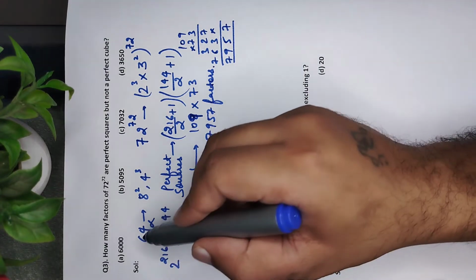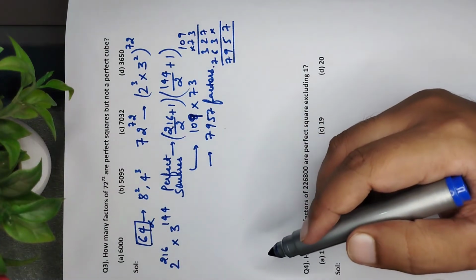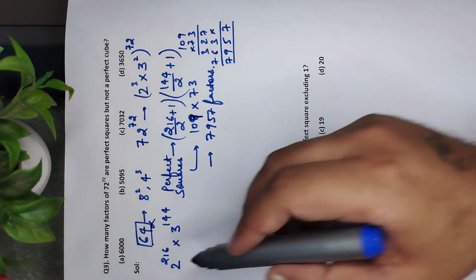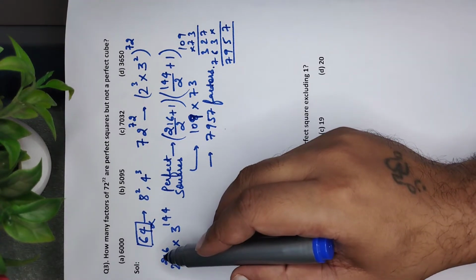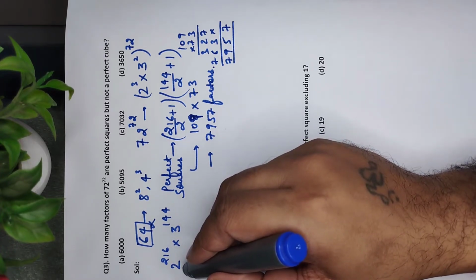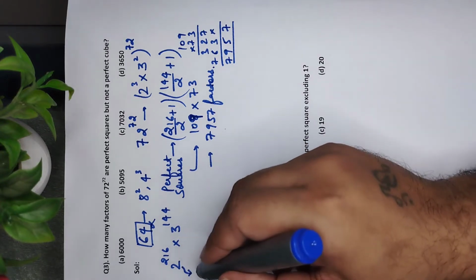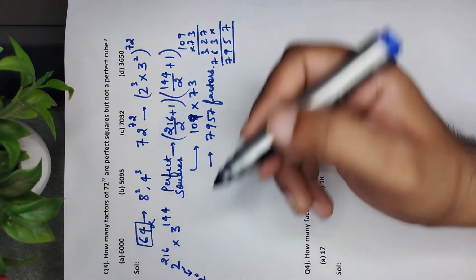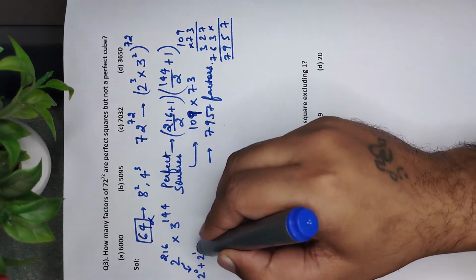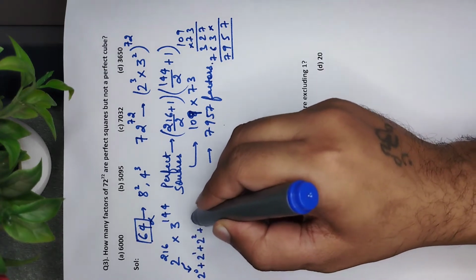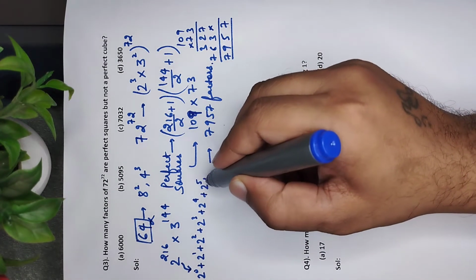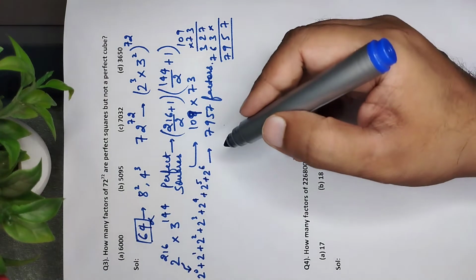But as we have to eliminate such kind of numbers which are also the perfect cubes, I will show you a simple example here. Now this 2 to the power 216 is written. Suppose I have to expand all the powers of this, then I will write it like this: 2 raised to the power 0 plus 2 raised to the power 1 plus 2 square plus 2 cube plus 2 to the 4 plus 2 to the 5 plus 2 to the 6 and so on.